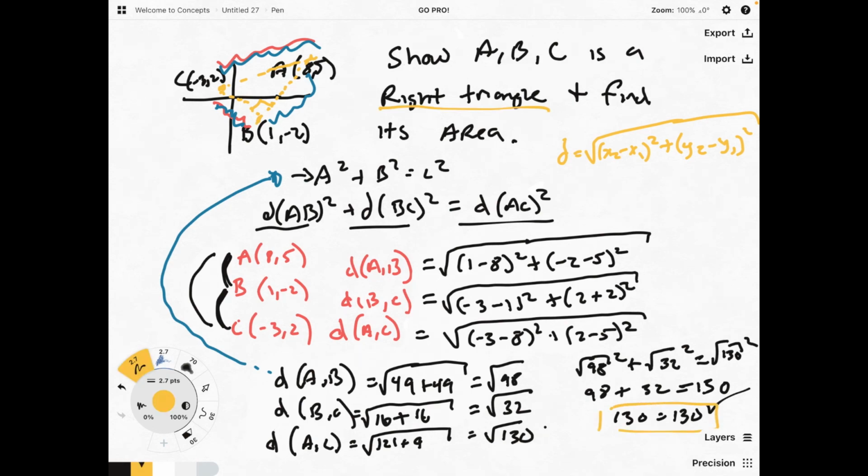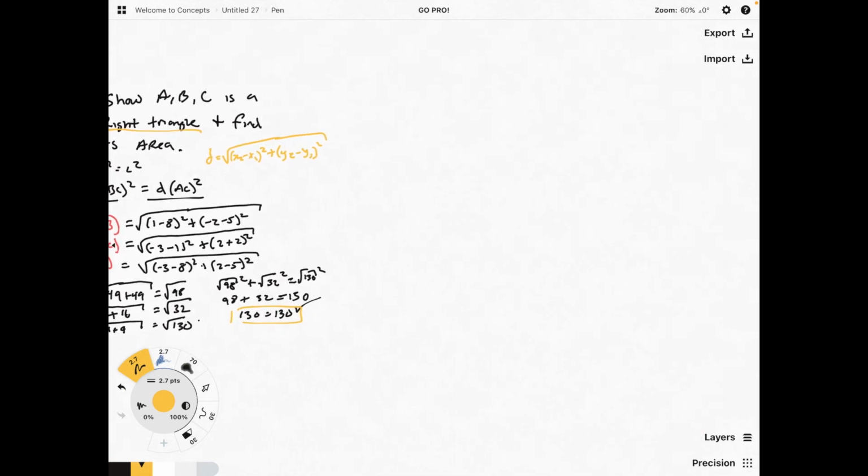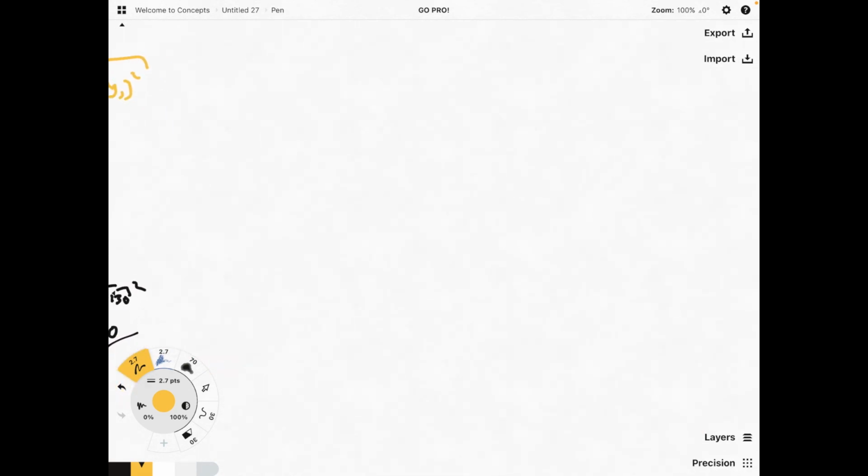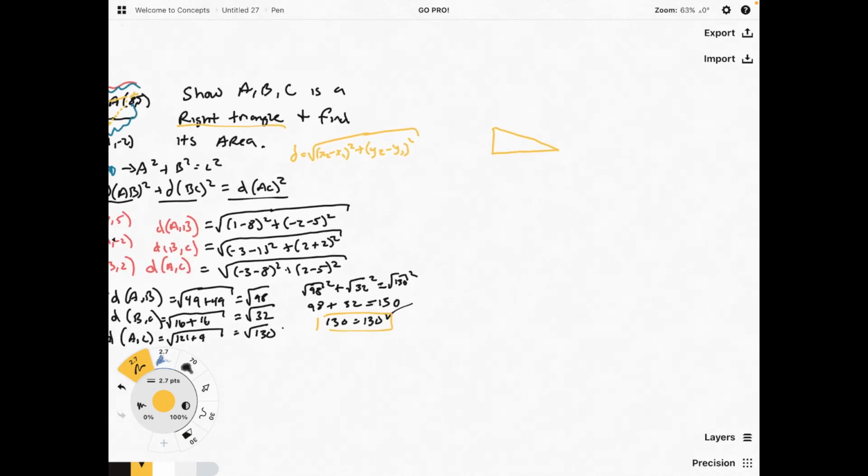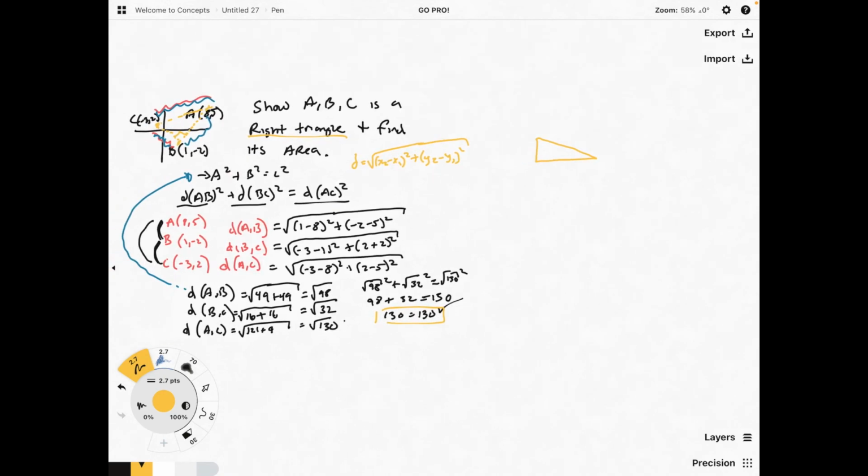Now what we need to do is find the area. Moving this over, we have the triangle, which is what we just found out. Let's move this back over real quick. So we have A, we have B, and we have C. BC, what we know, is the square root of 32.